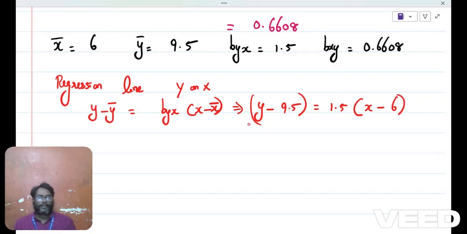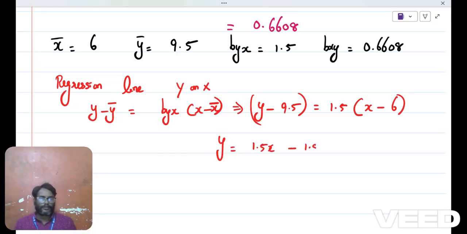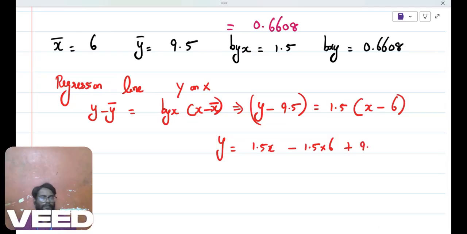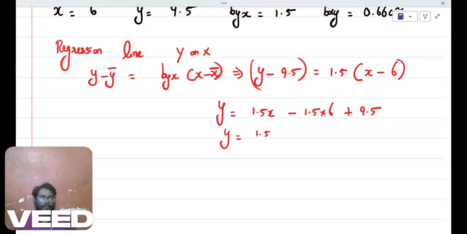Similarly, the final line will be y is equal to 1.5x minus 1.5 into 6 plus 9.5.